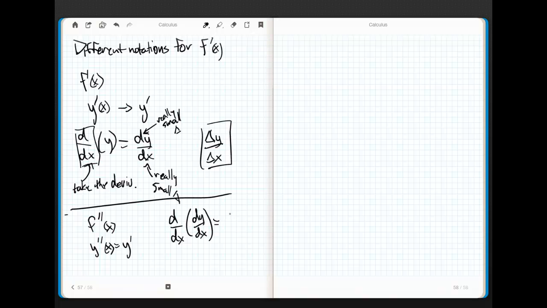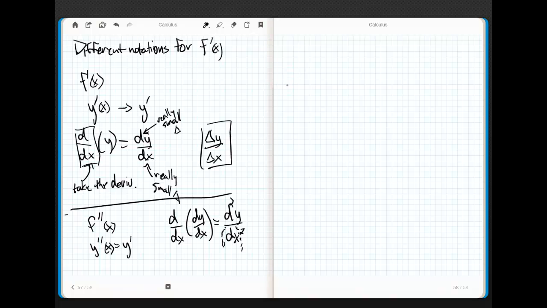Now, this notation is a little cumbersome, so you're going to have to bear with me. I end up with d squared y over dx squared. Now, we don't put this in parentheses, which we should, because it takes up too much typeset. Back in the day, they had to set print by hand, and if I wanted to throw parentheses into my writing, then I would have to set the type for that, and that would be a pain in the butt.